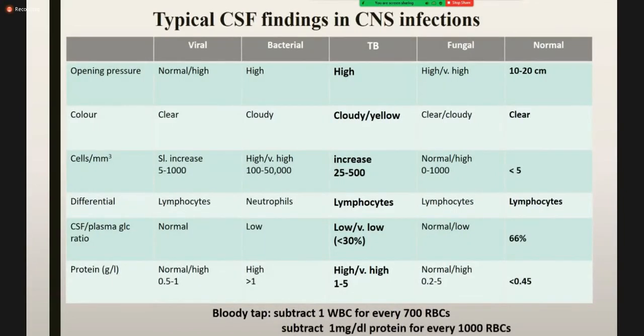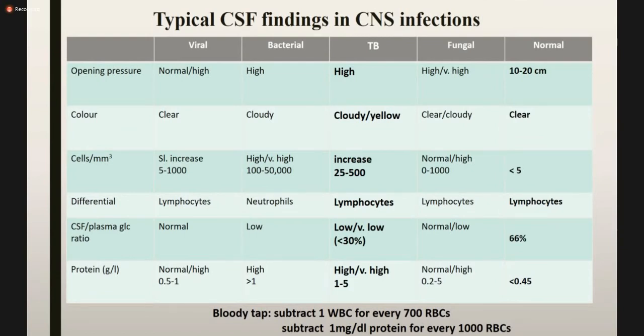So the typical CSF findings in CNS infections, as we are discussing tuberculous infection: the opening pressure is high or very high, and the color of the CSF will be cloudy or yellow. And as compared to viral etiologies, cells are very much increased in cases of tuberculous meningitis, about 25 to 500, and predominantly they are lymphocytes.